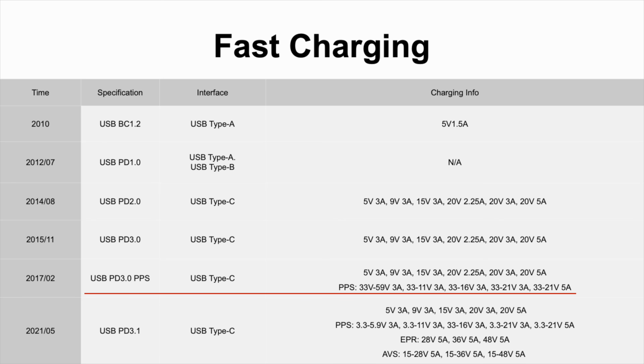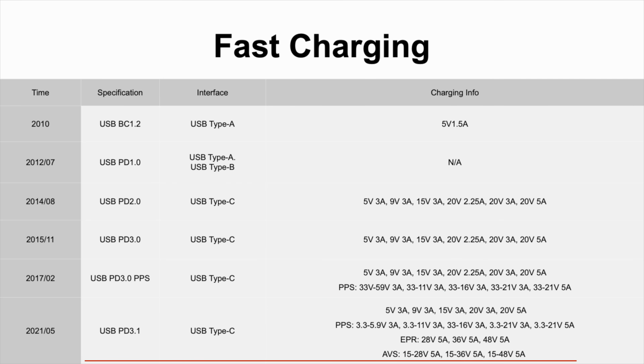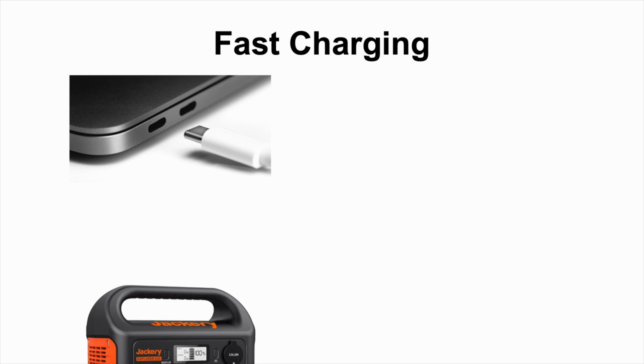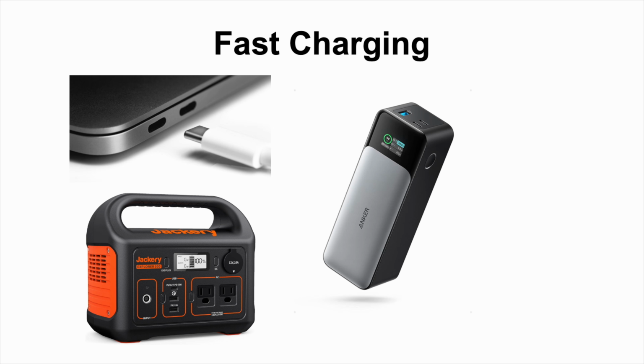And PPS was added to PD 3.0 in February 2017. Your Samsung phone is using this protocol. Until now, the most powerful PD 3.1 is also based on USB-C, which can deliver up to 240 watts charging power theoretically. With such powerful performance, we can see USB-C in high-power laptops, fast chargers, and even outdoor power stations.